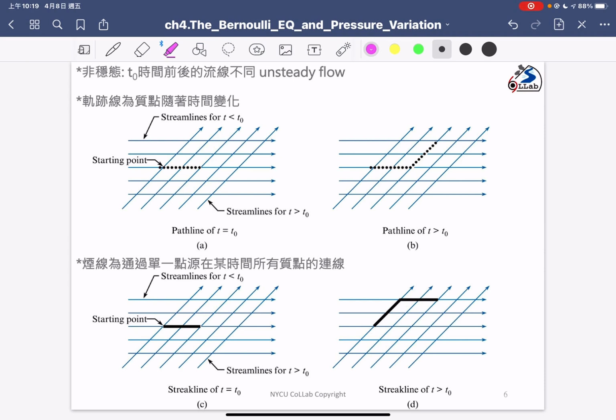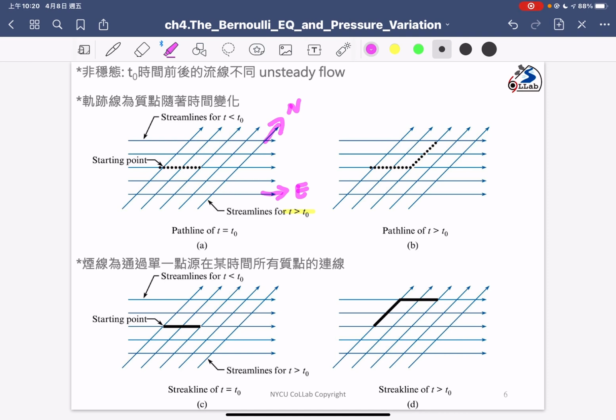Okay, so you see here we have the blue arrows. This is the streamline direction when the time is less than t0. And another direction for the streamline is maybe the horizontal. I call this the east component, and there's the north component.